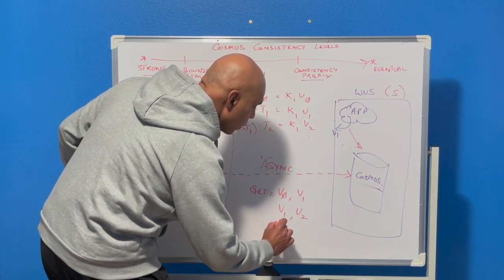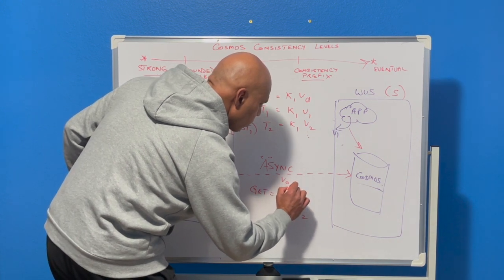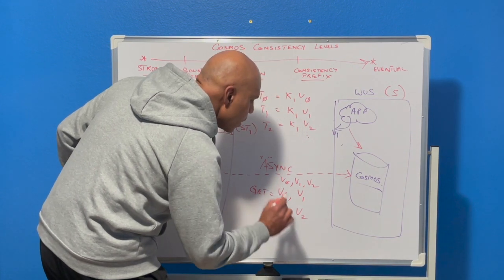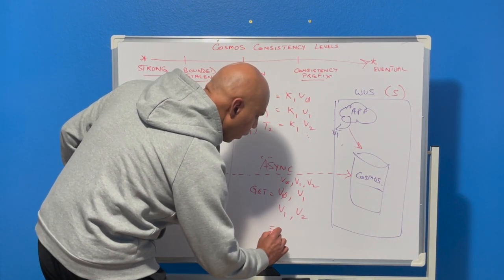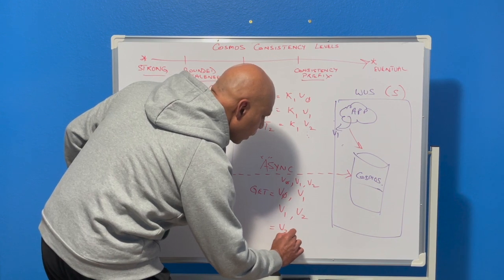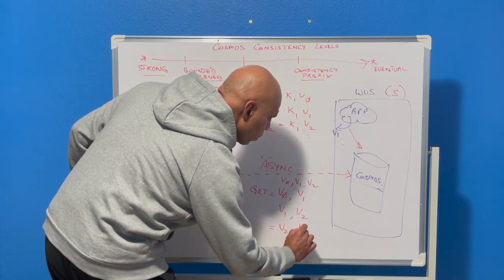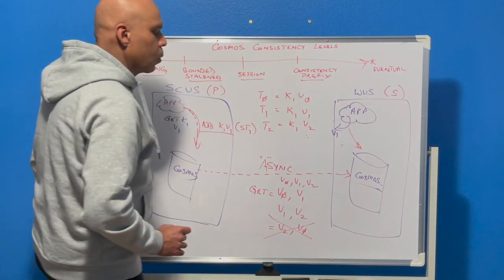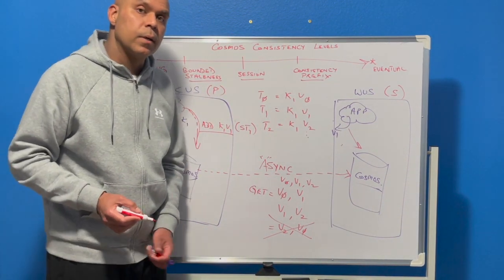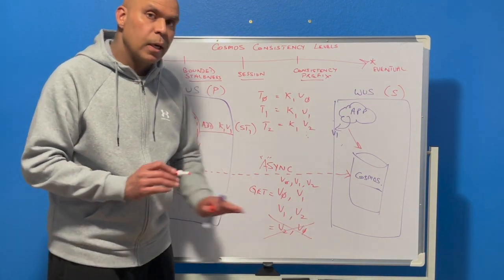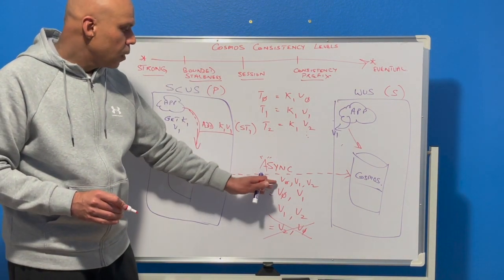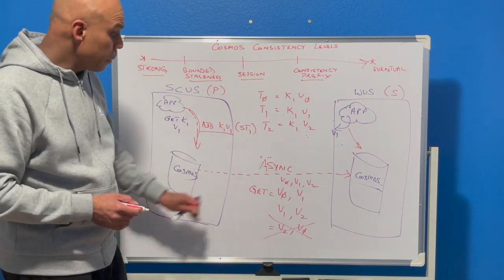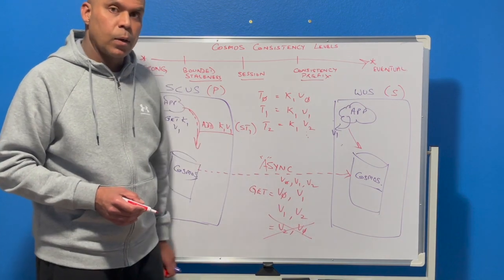It could very well be v0, v1, v2. But you'll never get out of order messages such as v2, v0. This would not be returned. If it is out of order, it will not be returned. The data will always be returned in order. Okay, there may be gaps, but it will be returned in order.